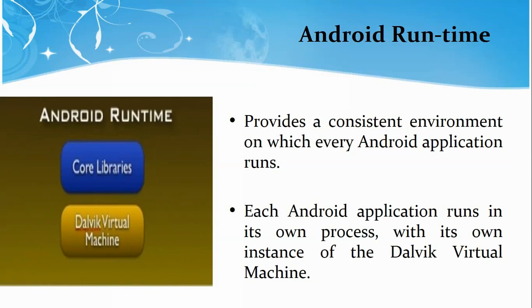So when I say a machine which is virtual, what do you mean by a virtual machine? It is going to act like an actual machine to the code you wrote, but it is not actually going to execute on your machine. Rather, it is going to emulate your machine.